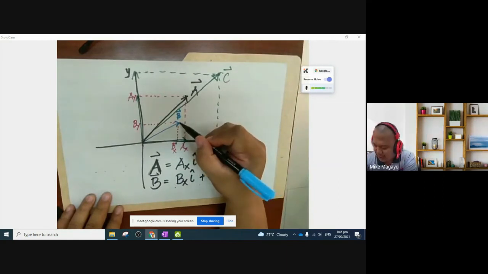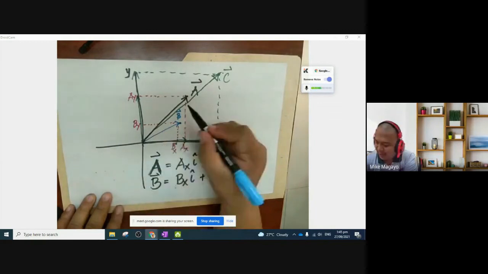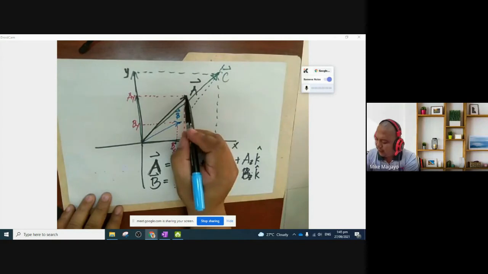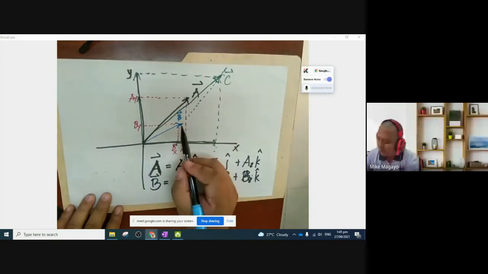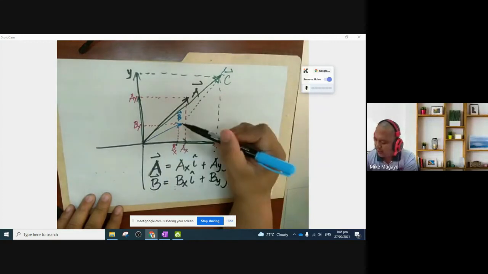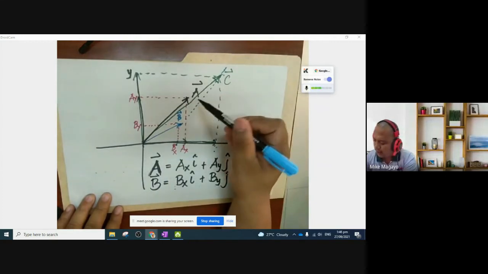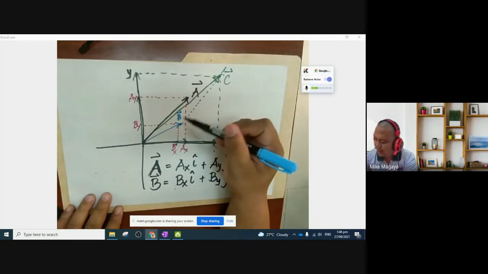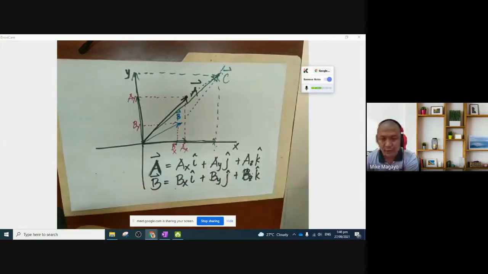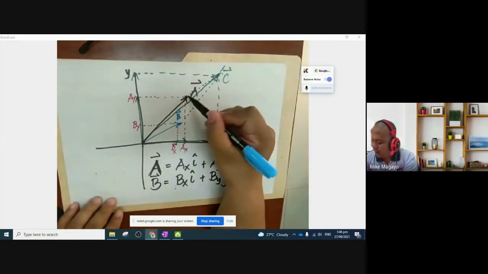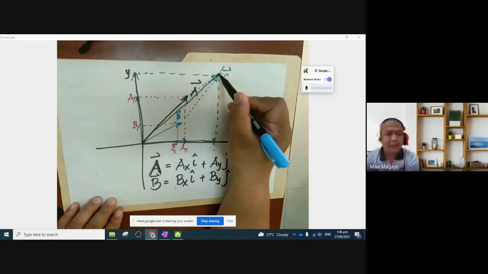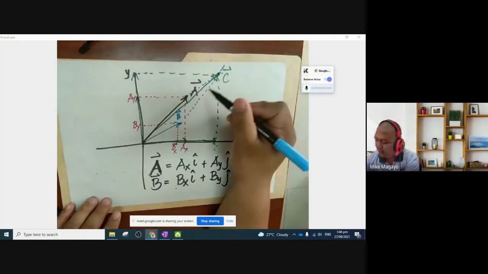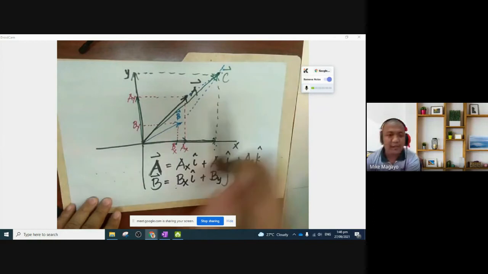At the end of vector B, you need to add a line that is parallel to vector A. Also on vector A, you have to extend a line that is parallel to B. At the end of vector B, extend a line that is parallel to A. At the end of vector A, extend a line that is parallel to B. If we are going to use a ruler here, we expect that the point of intersection of the extended lines is where the end of vector C is. So again, using the parallelogram method, we could determine vector C.